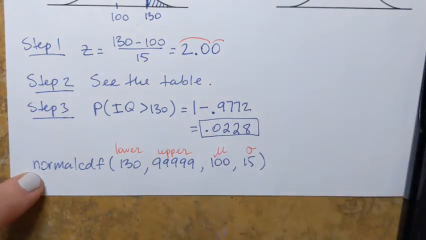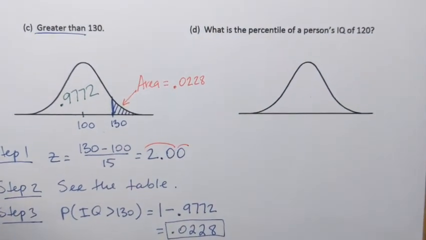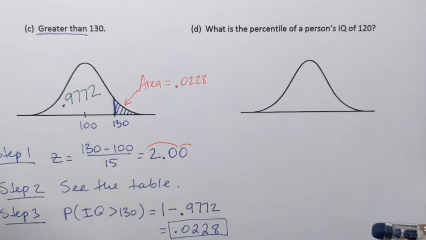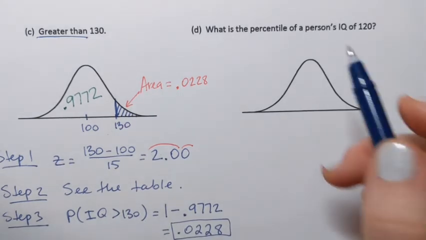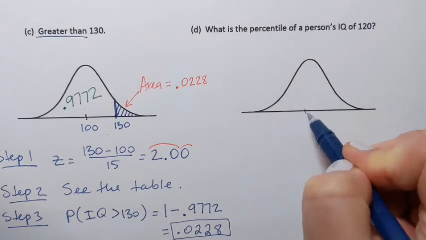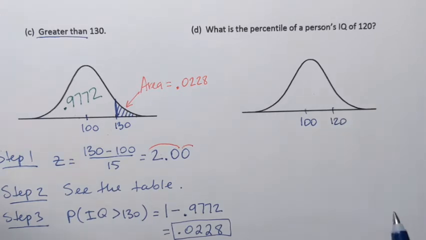Okay, and then the last question that we're going to do here is the following. We'll just use the calculator for that to do it quicker. What is the percentile of a person's IQ of 120? Let me make some notes on the normal curve, and then we'll refresh what the percentile is. 100 is here, 120, let's say somewhere over here to the right.